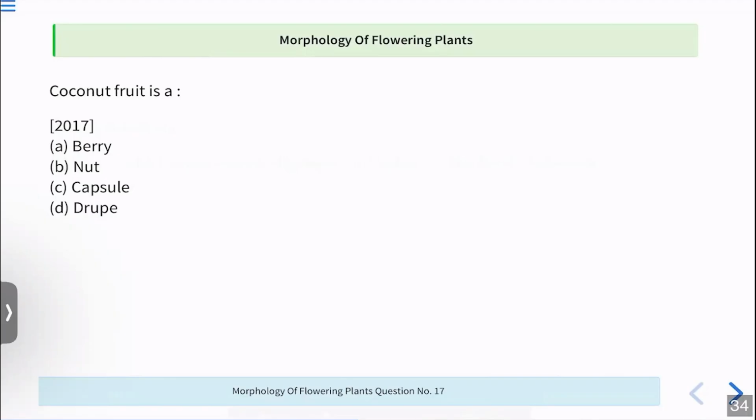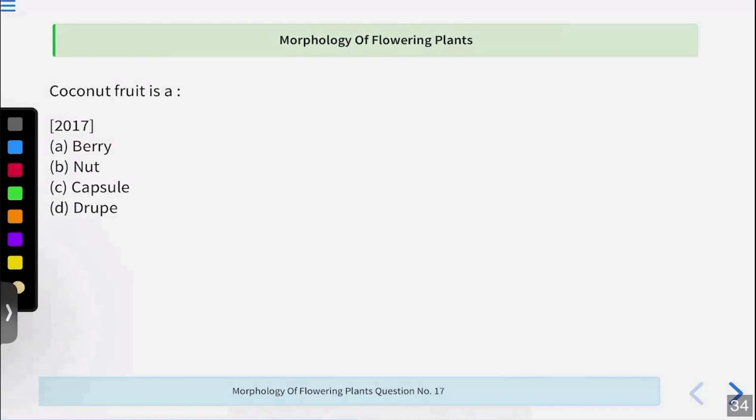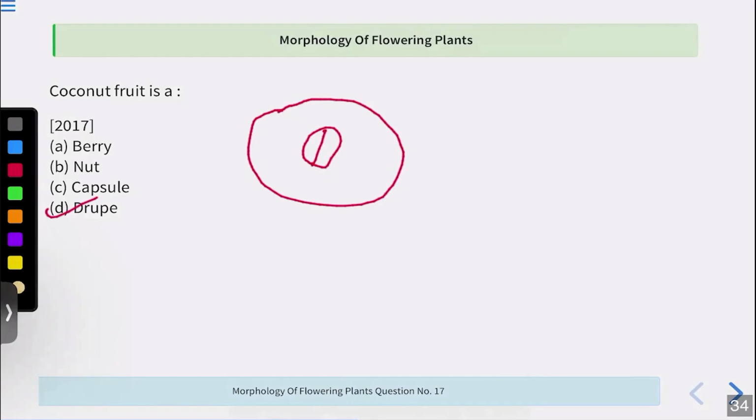Coconut, mango, peach, olive, all of them are what kind of fruits? Drupes. A drupe has a hard stony covering which encloses the seed.